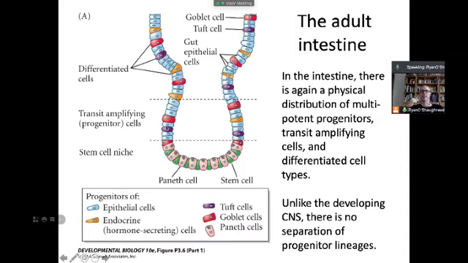And then these can differentiate after dividing more into our differentiated cells, the gut epithelial cells, tuft cells, and goblet cells. So this is quite a complicated system wherein we have multiple cell types residing within a simple epithelium. Now, can we recapitulate, can we reform that kind of architecture or structure in an organoid?